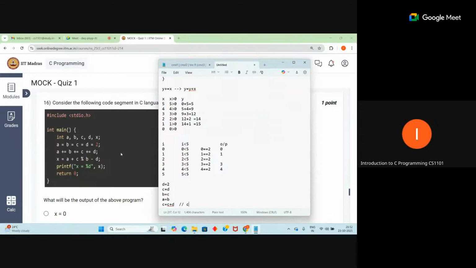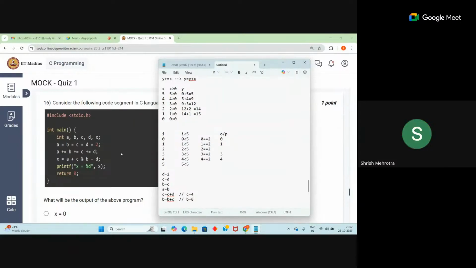Then it will execute B is equal to B plus C. Then B will be 6. Then it will execute A is equal to A plus B. So A will be 8.